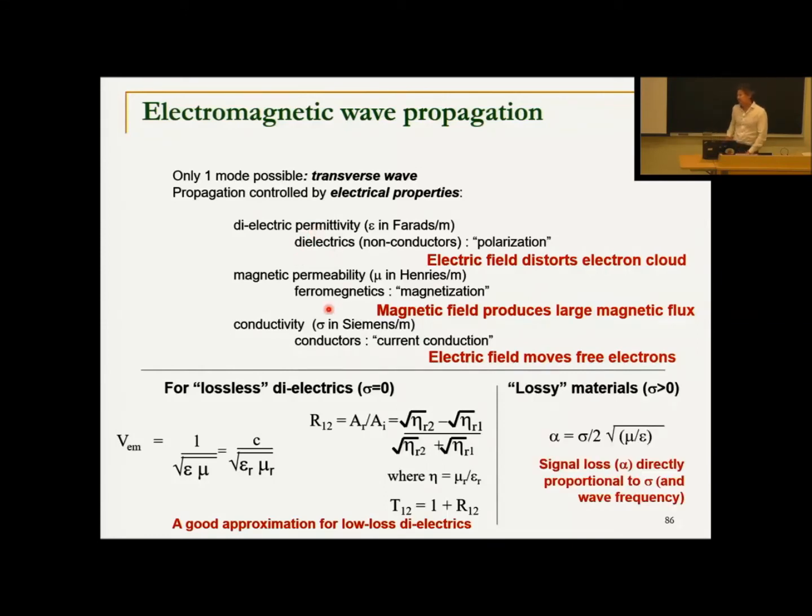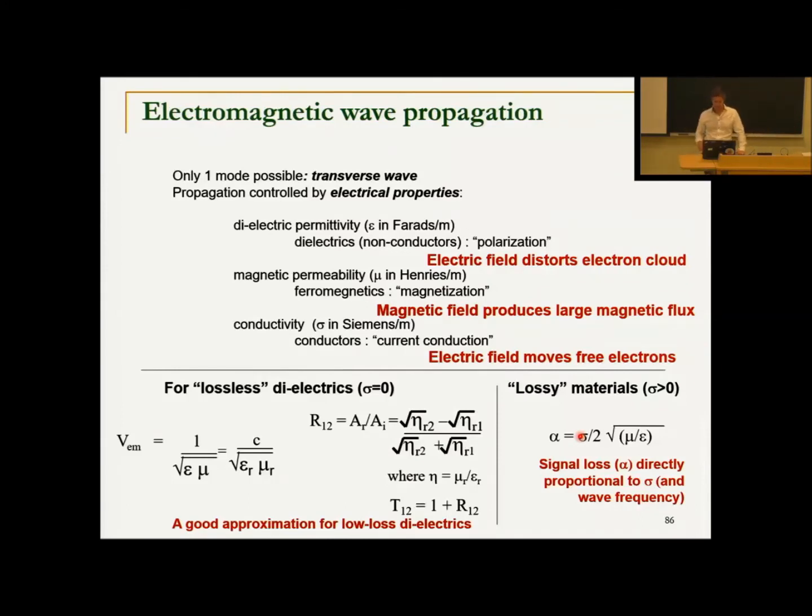But when we have a conductive material, it's no longer lossless, and we see that the signal gets attenuated. That attenuation is essentially a function of the conductivity. The more conductive a material is electrically, the more lossy it will be. As the wave propagates, it loses energy. And that is also a function of frequency.